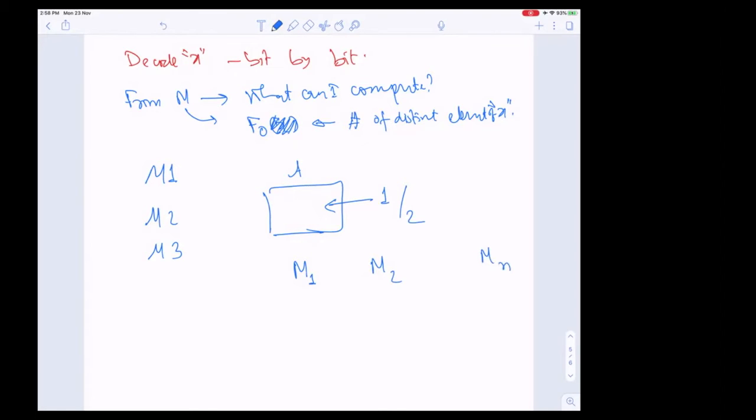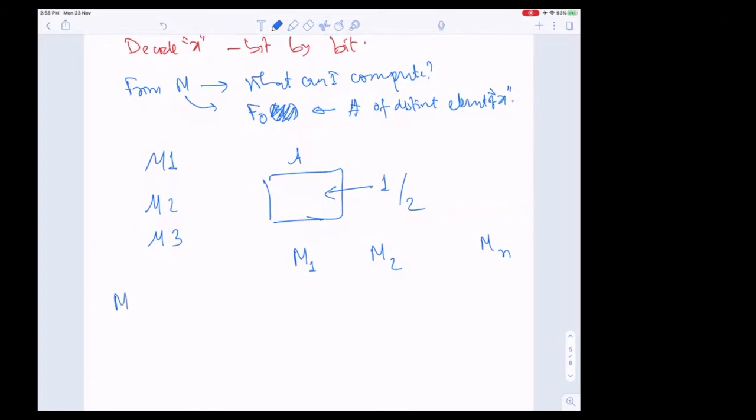So what information do I have now? I have M, M1, M2, up to Mn.